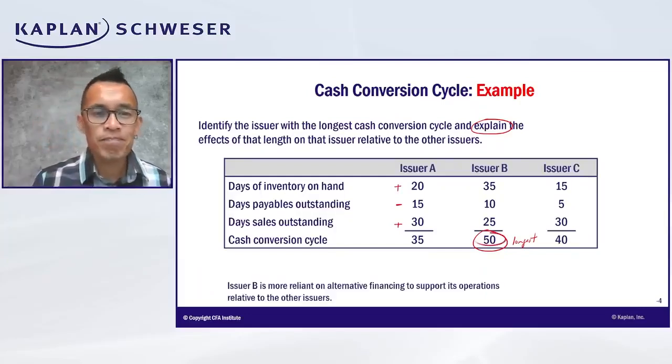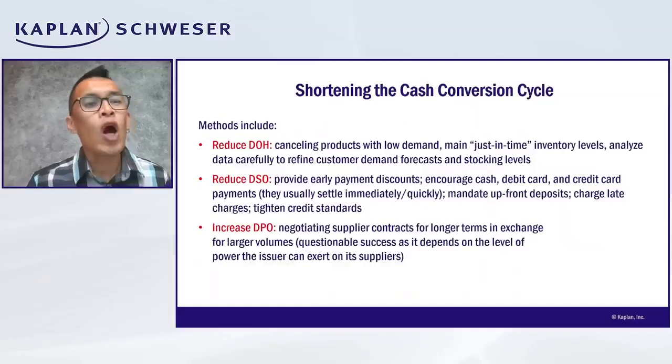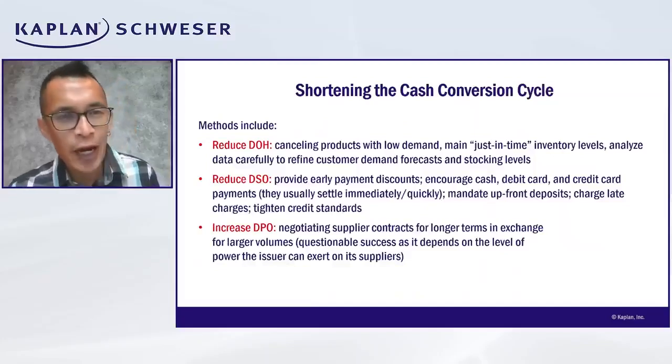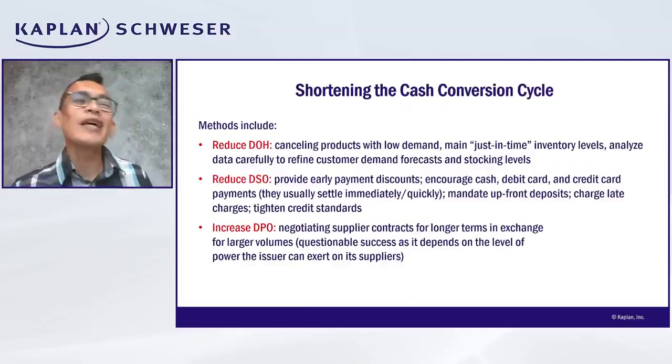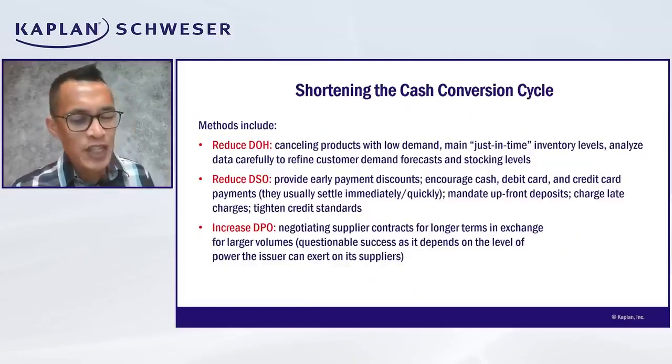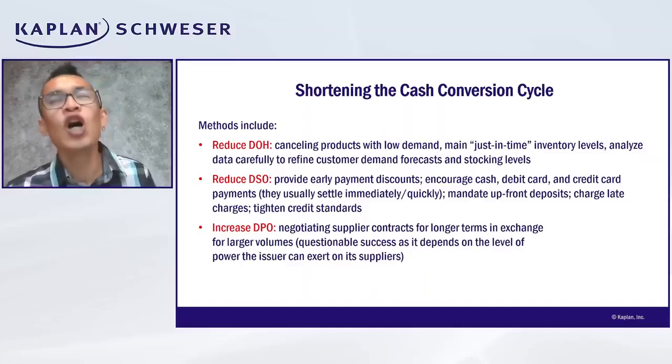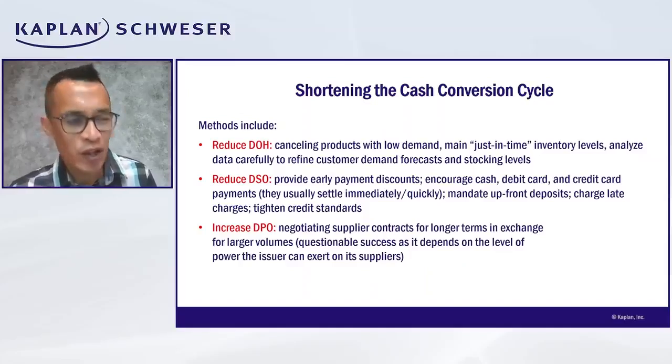Next. Looking at these methods here, you don't want to memorize these methods to shorten the cash conversion cycle. Instead, what you want to do is focus on the logic behind them. Okay?